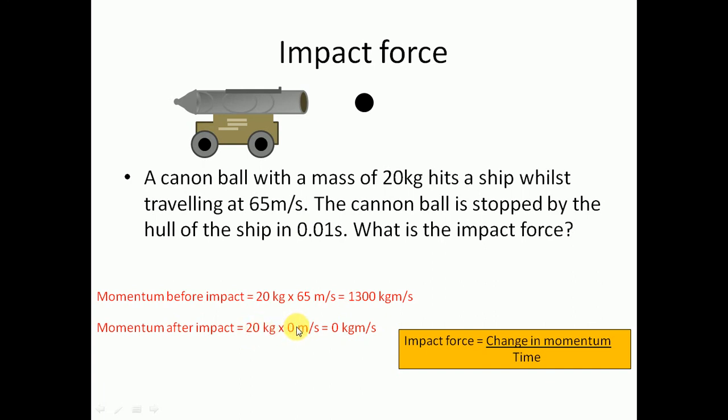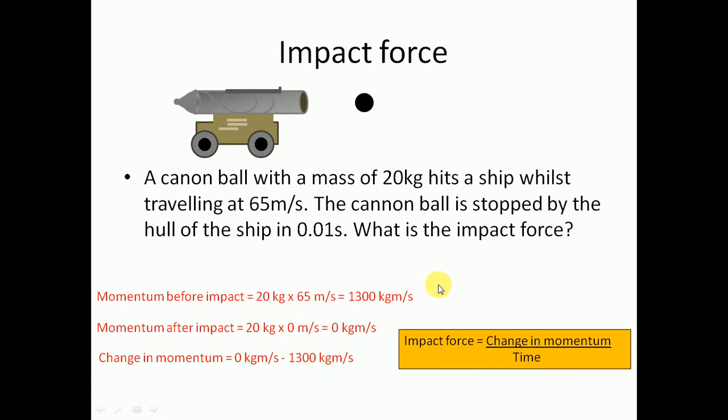Therefore, our change in momentum is our momentum at the end, which is 0 kilogram meters per second, take away or subtract our momentum before. So our change in momentum there is minus 1,300 kilogram meters per second. And now we have our change in momentum.